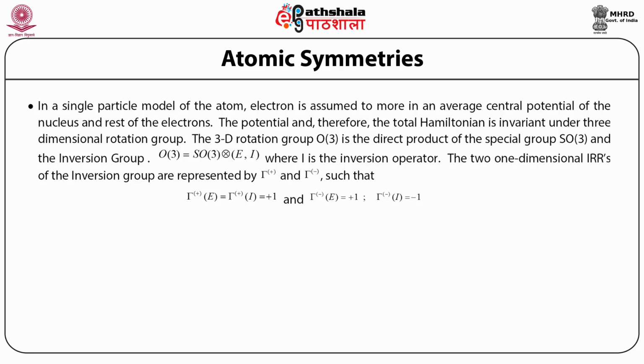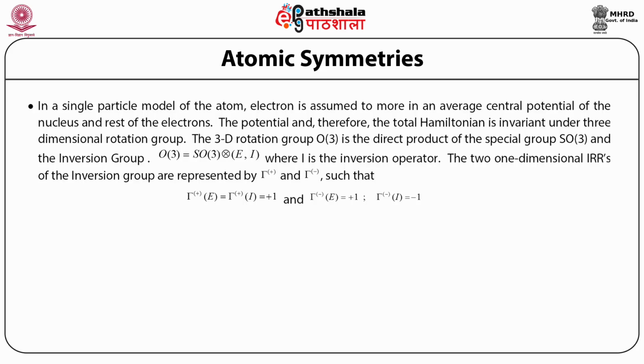We saw earlier that the three-dimensional rotation group O3 is the direct product of the special group SO3 and the inversion group with elements E and I. That is, the group O3 can be written as a direct product of the group SO3 and the inversion group, where I is the inversion operator and E is, of course, the identity.